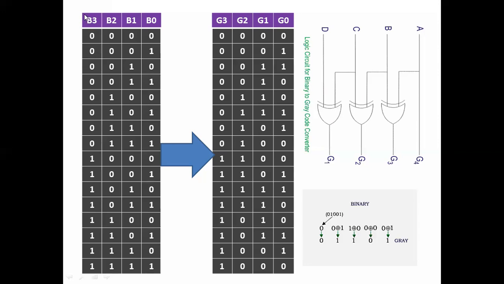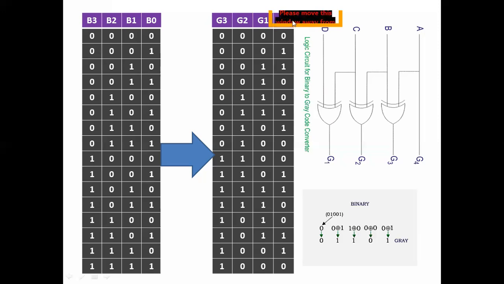First step, you take the binary numbers. 4-bit binary means you take the 4-bit binaries starting from 0000 to 1111, and then by using the steps I already discussed, you convert and tabulate it. So for 0000, the gray code equivalent is 0000. Like that, all the gray codes for the given binary are in this tabulation.